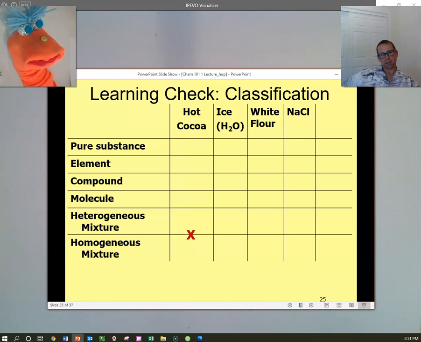How about ice? Ice is just water, right? Yeah, that's right, it's just water. So it would be a pure substance. Element. It's not just an element because it has more than one element. Molecule. What's a molecule again? A molecule is a compound that only contains nonmetals. Oh yeah. So, can you bring up the periodic table?